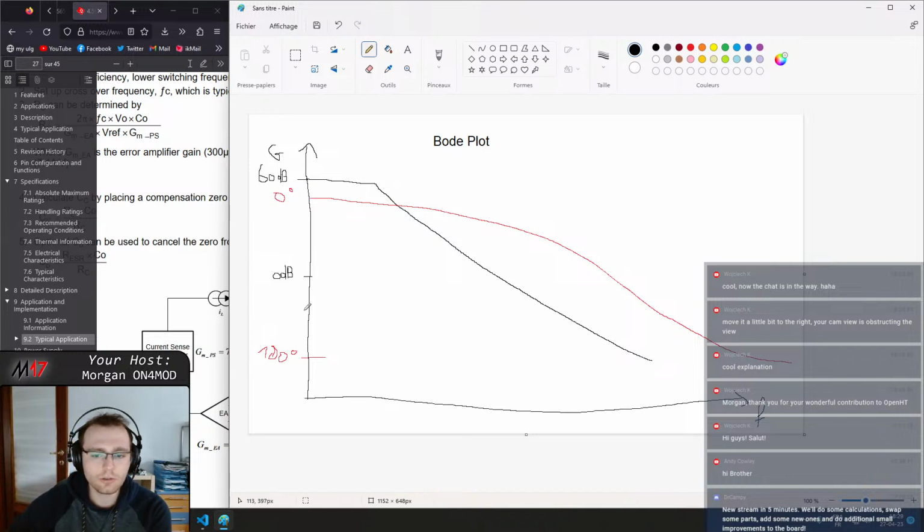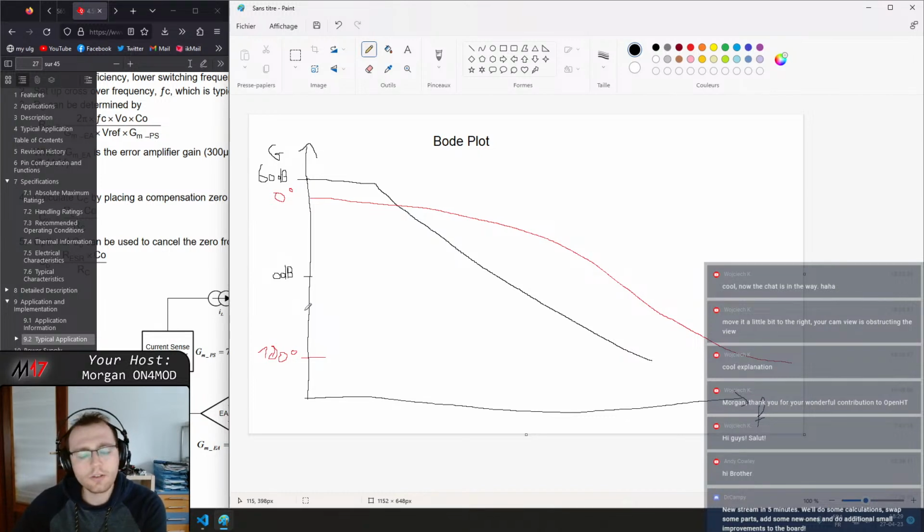And then below 0 dB, you are gonna try to fix the error, but your fix is not enough. So you don't compensate enough for the error, so the error is gonna basically stay there. And sometimes you cannot fix the error because it's out of range.